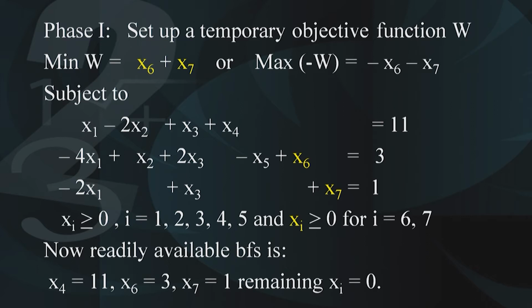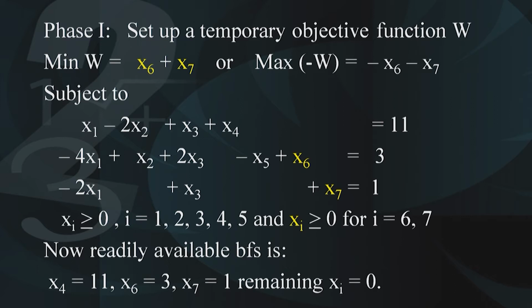Now, in the second and the third equation we have added the artificial variables. So, now we have a readily available BFS. What is that BFS? It is nothing but x4 equal to 11. Why x4? Because x4 is a basic variable in the first equation.